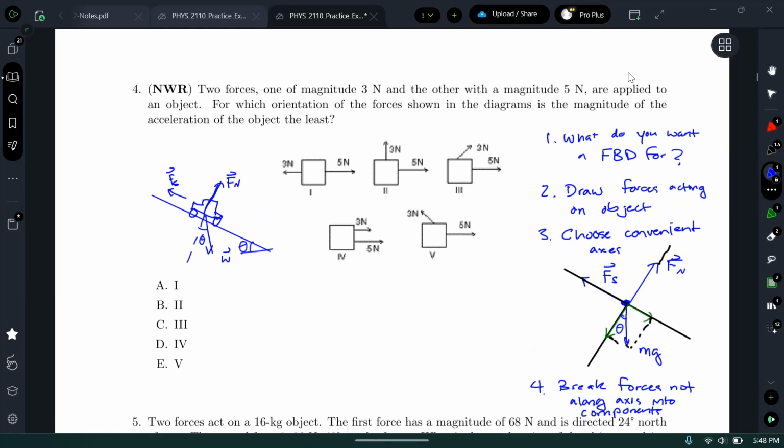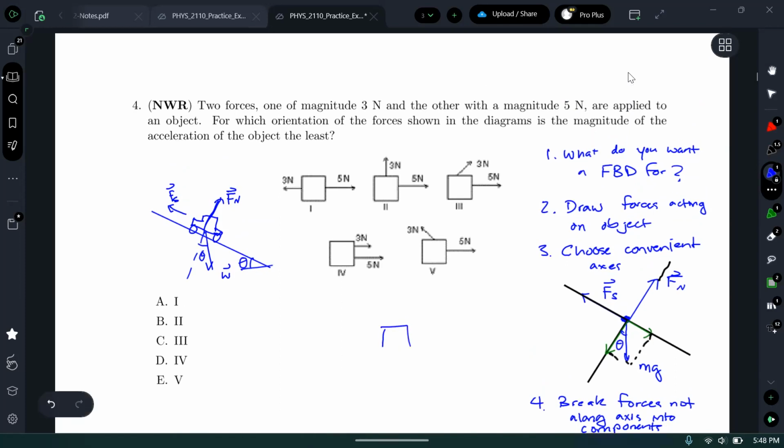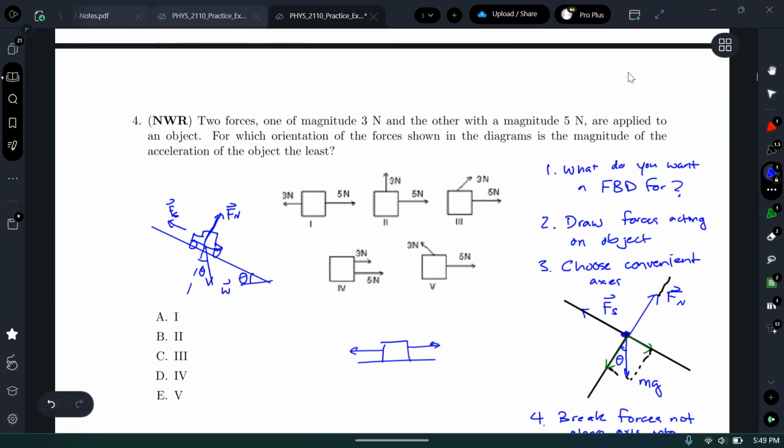So to answer this specific question, we don't actually need to go too deep into free body diagrams. We just need to think that if you have two forces in the same direction, that's the best case scenario as far as getting a large net force out. Like if you're trying to pull a tree stump out of the ground and you got a friend to help you, you don't want to both be fighting against each other by pulling on either side of it.